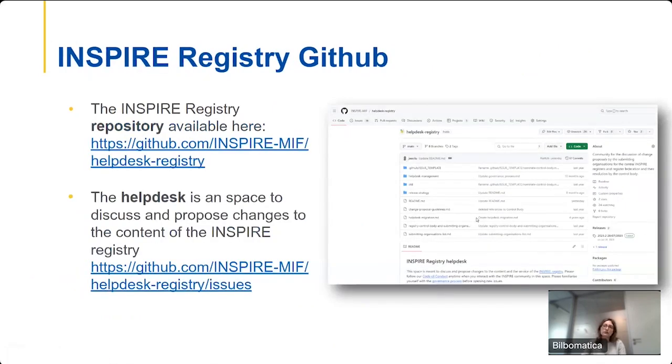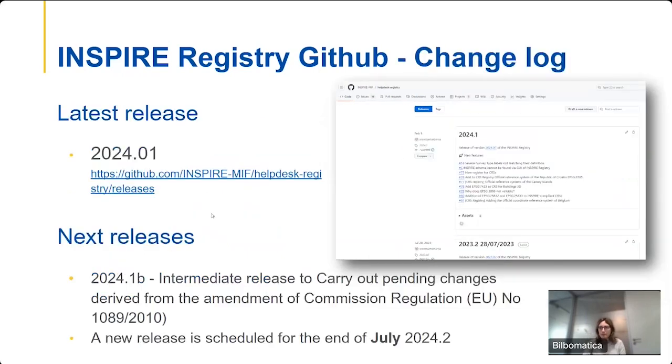Okay, and about the INSPIRE Registry repository, it is a different repository in GitHub. The INSPIRE Registry repository is available at this other site. And we also have a help desk that is a space to discuss and propose changes to the content of the INSPIRE Registry. Here you can propose different change proposals in order to publish in the interface of the INSPIRE Registry.